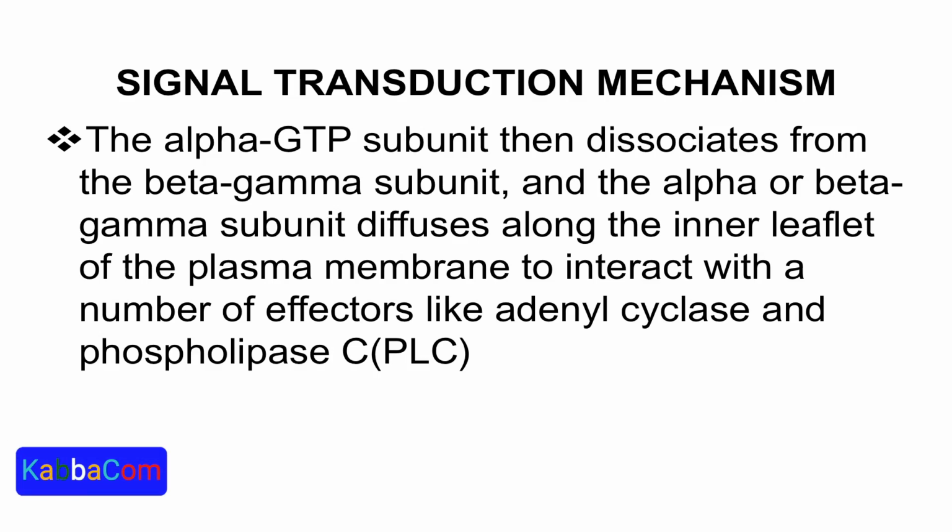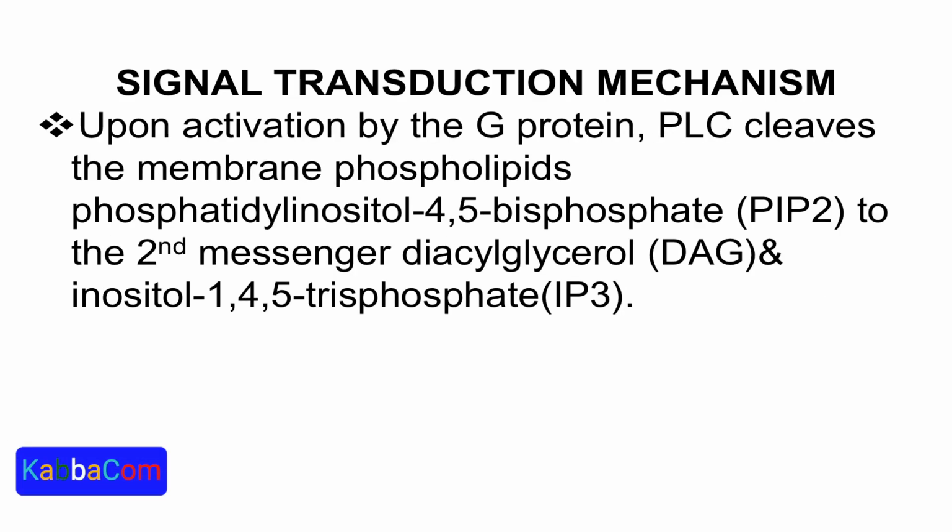And once phospholipase C is activated, it goes and cleaves part of the cell membrane. It is interested in a phospholipid referred to as PIP2, which we also call phosphatidylinositol 4,5-bisphosphate.